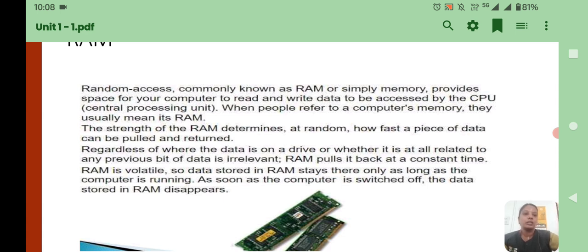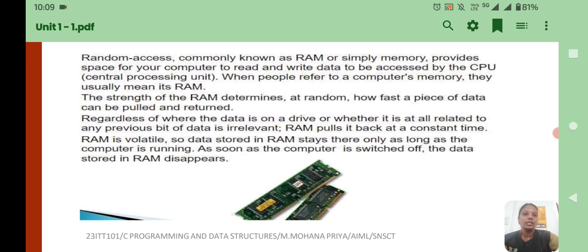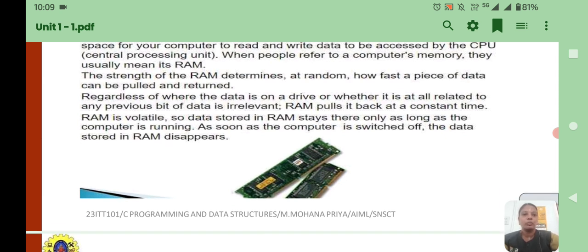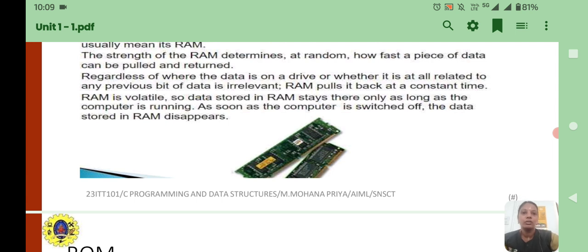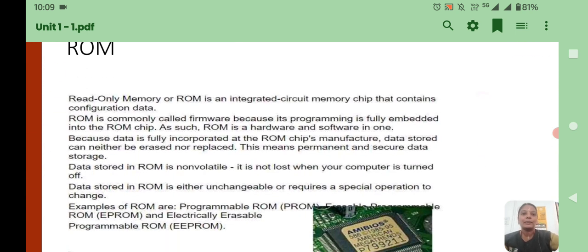The strength of RAM determines how fast a piece of data can be pulled and returned, regardless of where the data is on the drive or whether it is related to any previous bit of data. RAM pulls it back at a constant time. RAM is volatile and the data stored in RAM stays there only as long as the computer is running. As soon as the computer is switched off, the data stored in the RAM disappears.